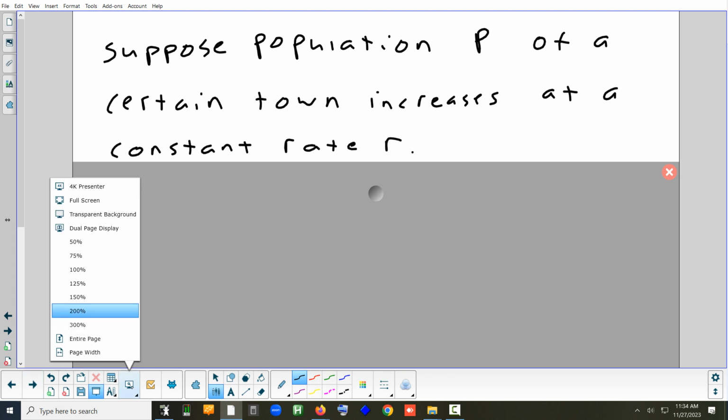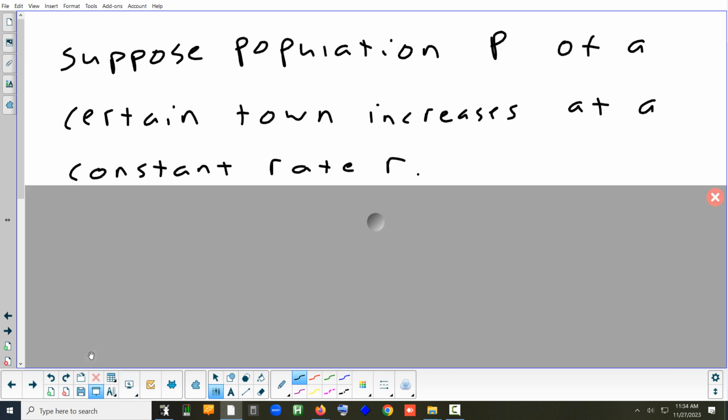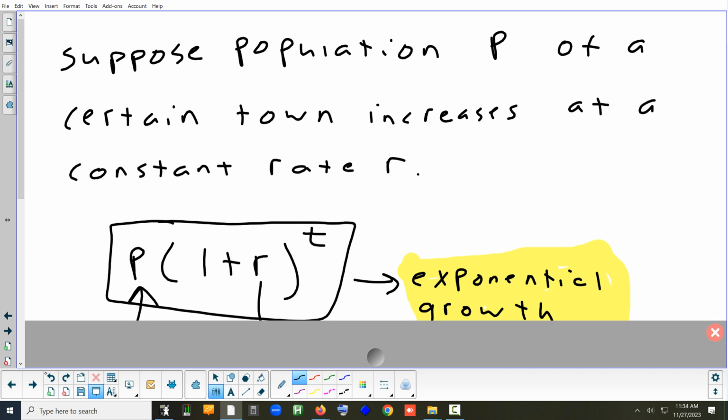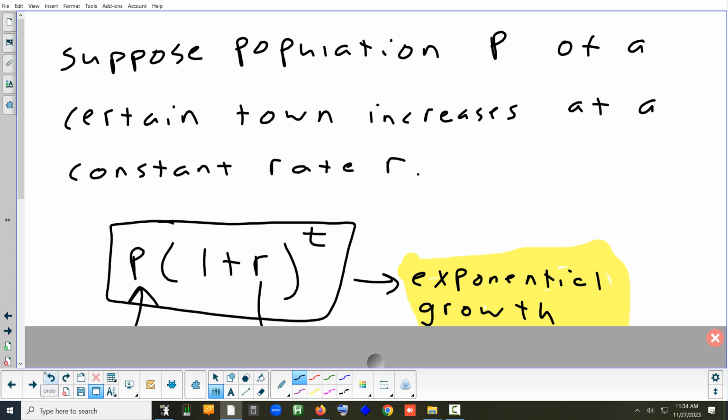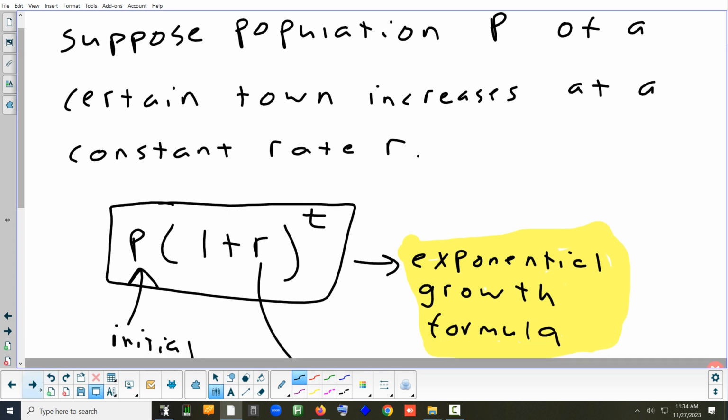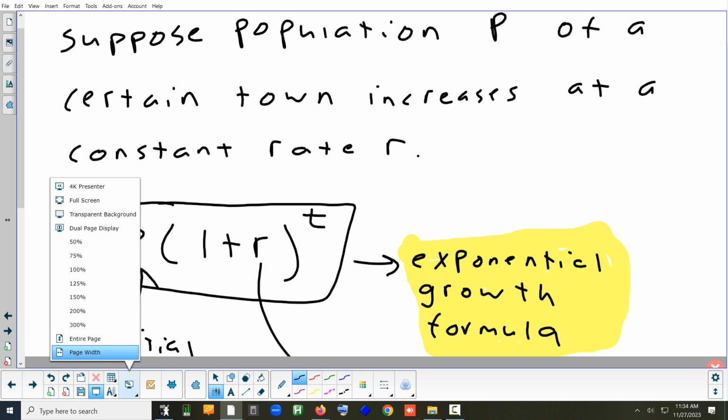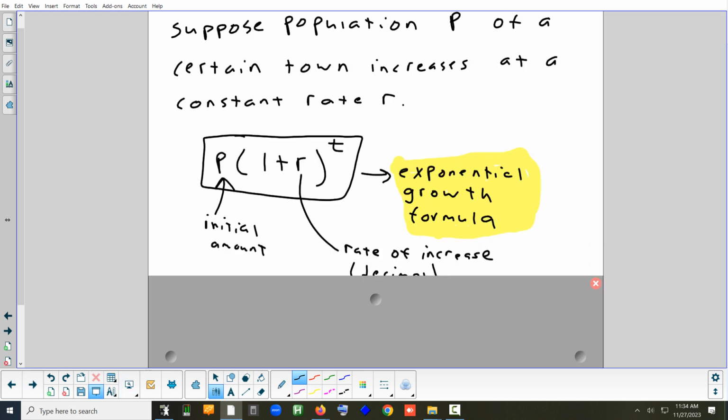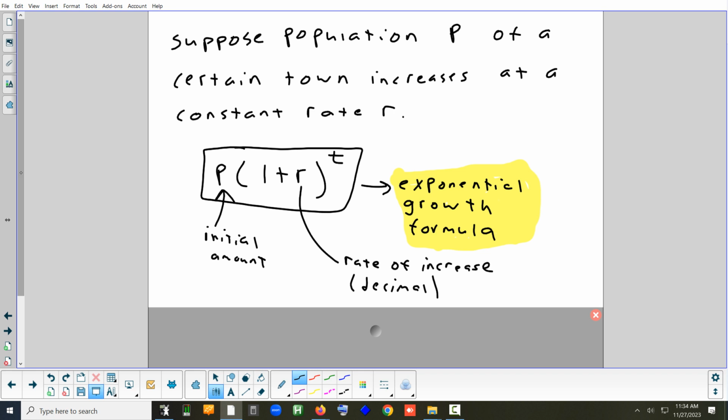Okay, so the last thing we're going to look at is the formula for exponential growth. Okay, what does it look like? That's the formula for exponential growth. It's P times 1 plus R to the T. What makes something exponential growth is it has to increase by a percentage.